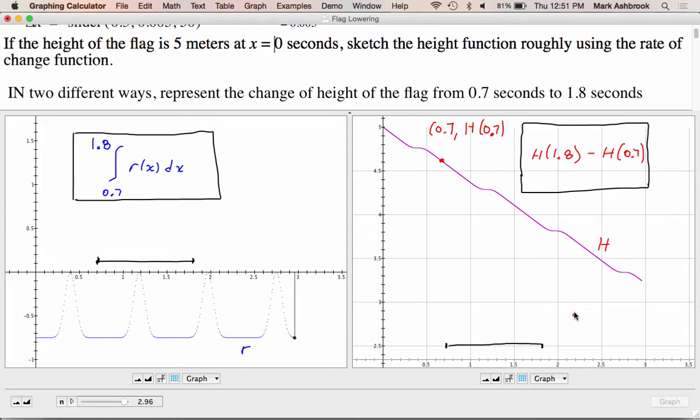And then? That's a good start. 1.8 and whatever the height is at 1.8. And so then how can I see or show what I've put in the box, that change in height? How's that seen? Ariana?